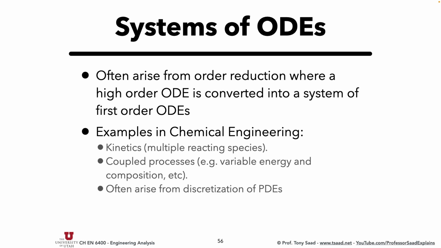There are two general ways where systems of ODEs arise, and so far we've talked only about first order ODEs, initial value problems. I'm focused on IVPs, so initial value problems. When you have a second order initial value problem, third order, fourth order, and so on, there is no direct mechanism in Python to solve a high order IVP.